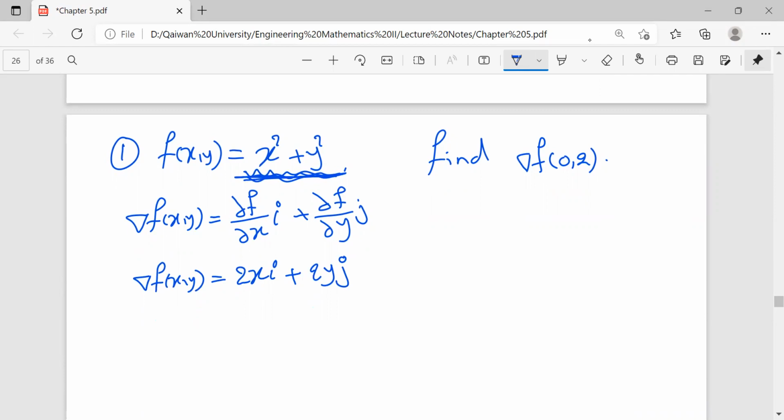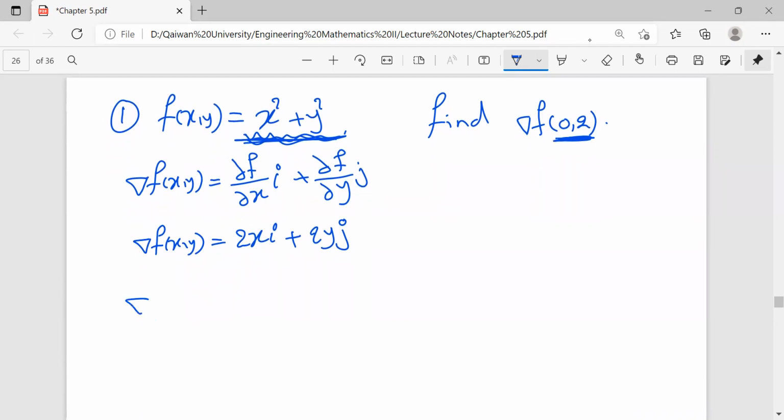Now we must find the gradient of f at the point 0 and 2. We say grad f at 0 and 2 is, here we replace each x by 0 and y by 2. So we get 0 I plus 4j, which equals 4j.